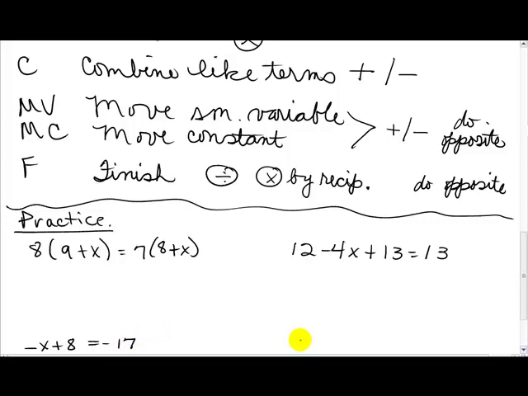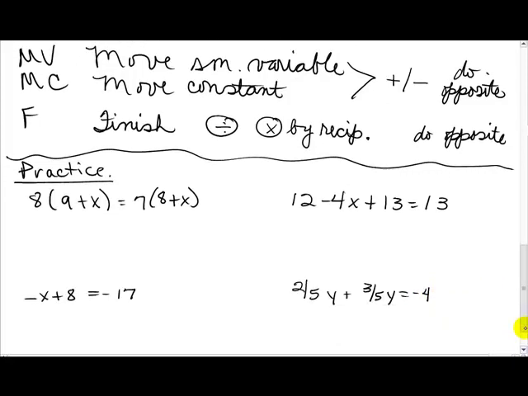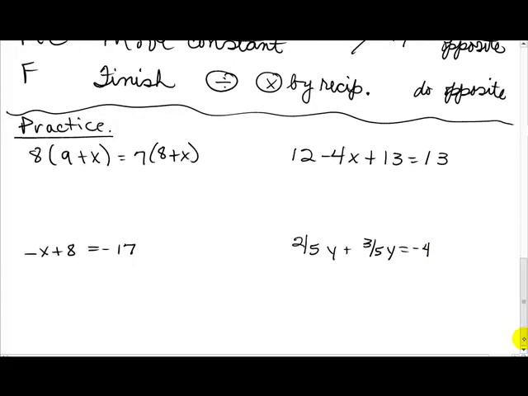Negative x plus 8 equals negative 17. 2/5 y plus 3/5 y equals negative 4. Okay, so let's work these out, practice them, and then check them, okay?